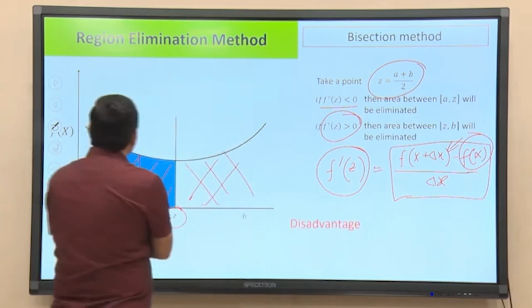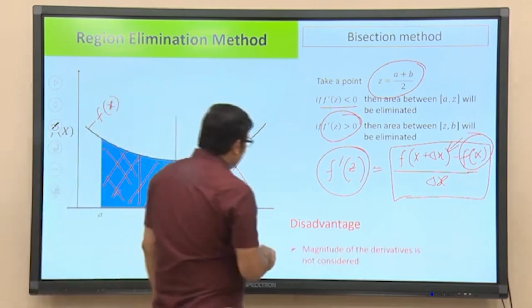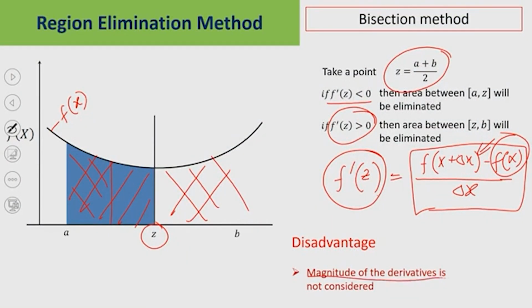Now, let us see what the disadvantage here is. The disadvantage is that the magnitude of the derivative is not considered. We have considered only the sign of the derivative, whether it is a positive or negative value, but we are not considering the magnitude of the derivative.